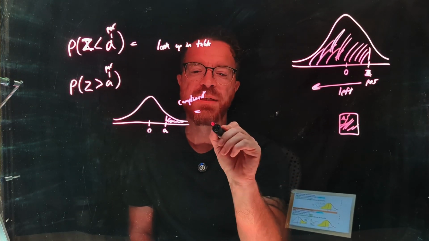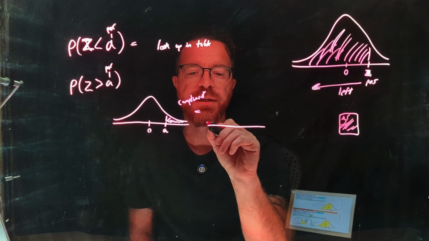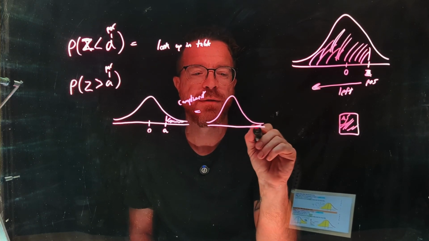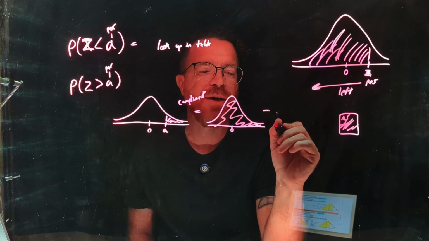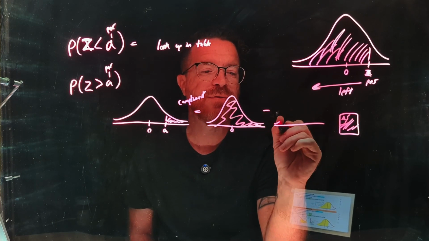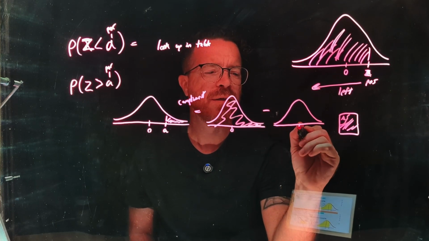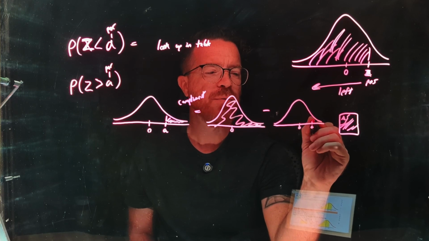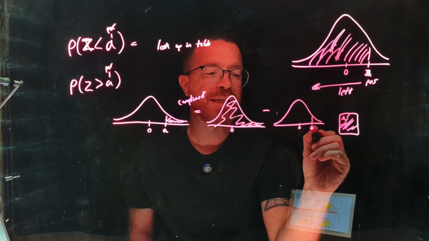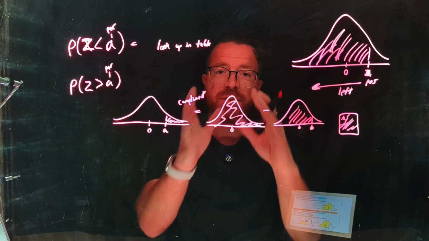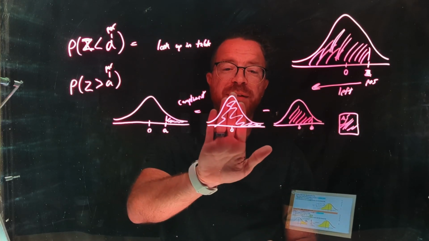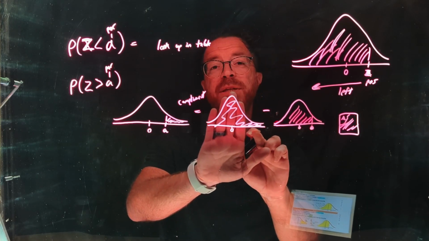and this is going to be equivalent to taking the entire probability distribution, subtracting out everything that is to the left of this a value, which we can look up on the table because a is positive and we're looking to the left. So we take the entire distribution, we subtract off everything to the left of a, and we'll be left with the probability to the right of a.